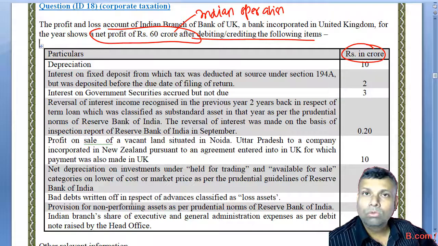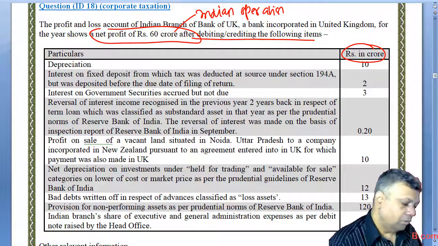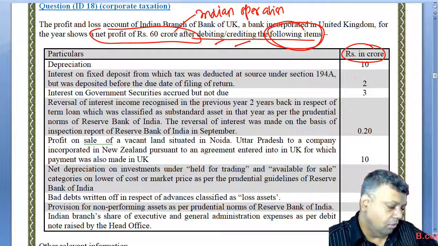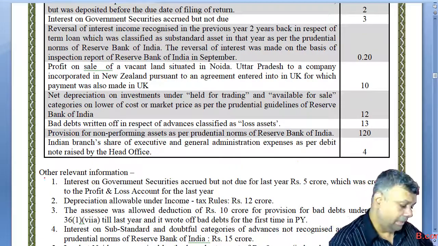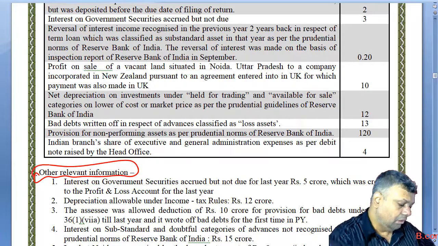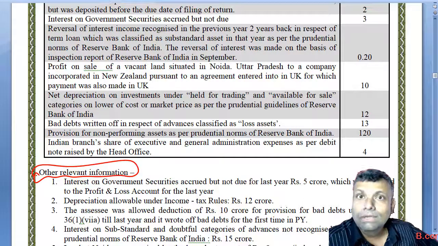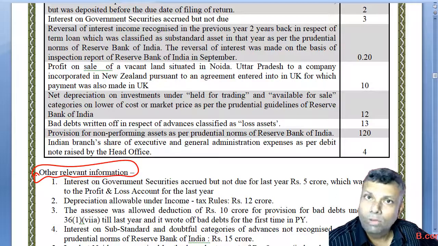Okay. Now the question interpretation I'm telling you. If you read this particular question, it says that after debiting and crediting of the following items. So which are the following items? All the items which are printed to you in the table. After the completion of the table, what is printed to you is other relevant information. Correct?